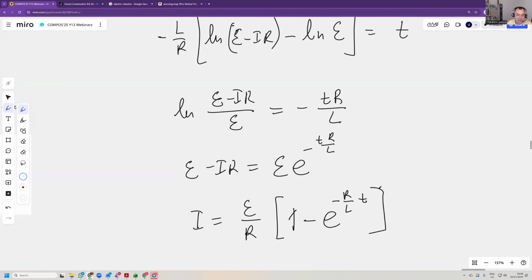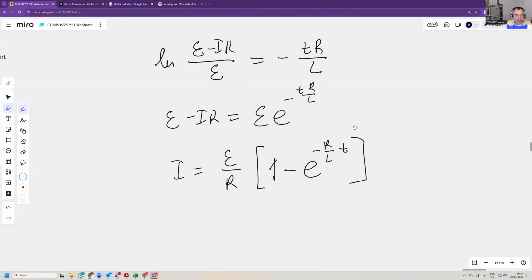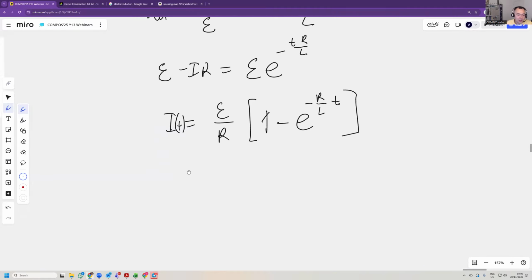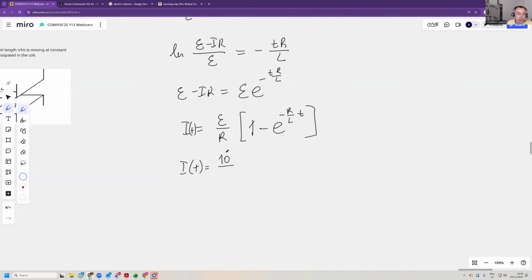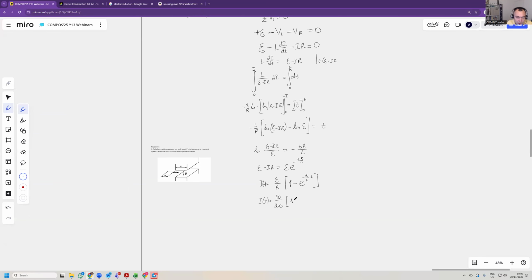And let's see if that makes any sense. So current versus time. The current versus time is EMF, which is 10 volts, divided by resistance, which is 20, times 1 minus e to the power minus R over L t.